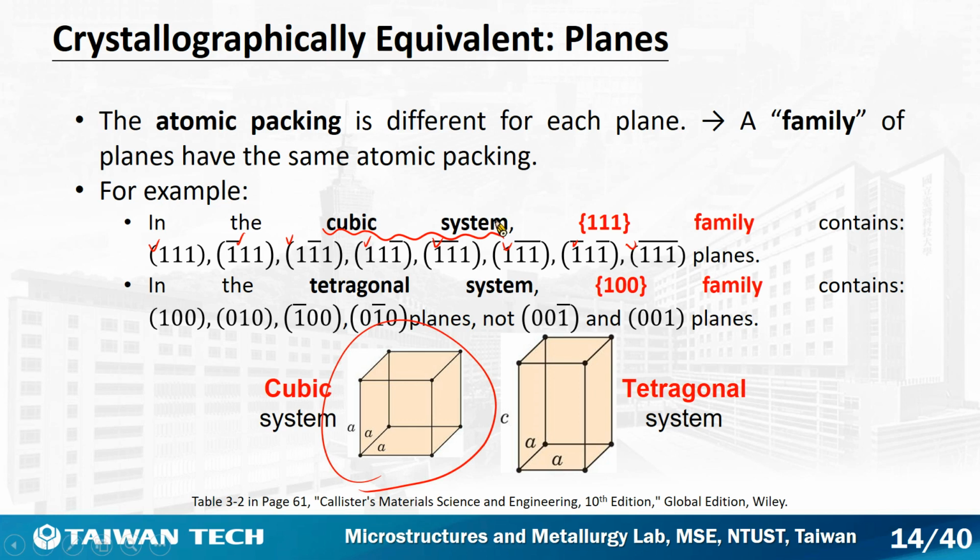But for tetragonal, if A is involved with C, because A equals B, not equal to C for the tetragonal system. So for example, the 100 family contains 100, 010, and also the negative ones. But 001 is not equivalent to the 100. Okay?